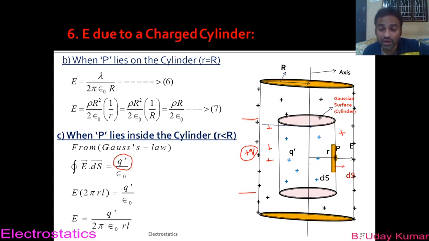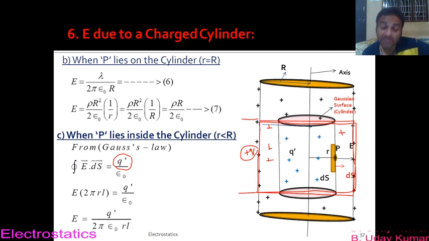I hope you got it, because remember the Gaussian cylinder is inside the charged cylinder. Inside it means it consists of less amount of charge. When it was outside, this entire charge was present inside the Gaussian cylinder.